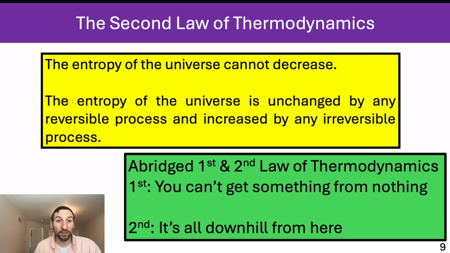Energy cannot be created nor destroyed. And when I say it's all downhill from here, that means that my entropy is always going up. I'm always going to a lower energetic state. So hopefully, if you need a little hint to remember the first two laws of thermodynamics: you can't get something for nothing, and it's all downhill from here.